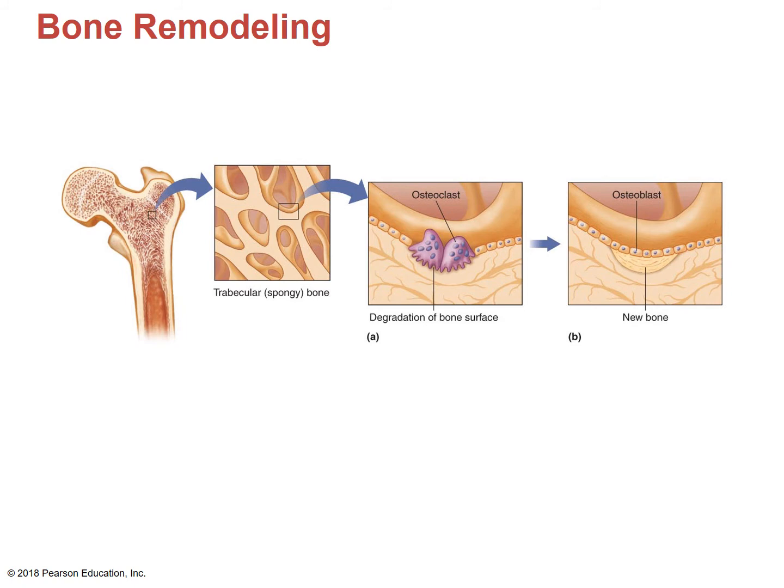Here you actually see bone remodeling. You have the end of a long bone, which is the top of the femur by the greater trochanter. You'll see the trabecular bone, or the spongy bone, at the top, and you'll see these are osteoclasts.